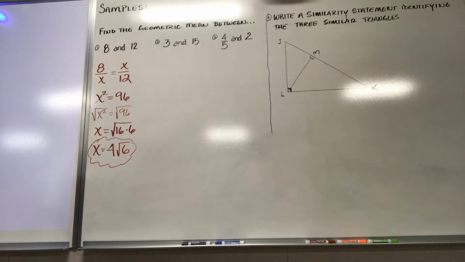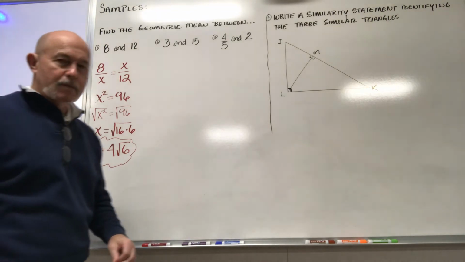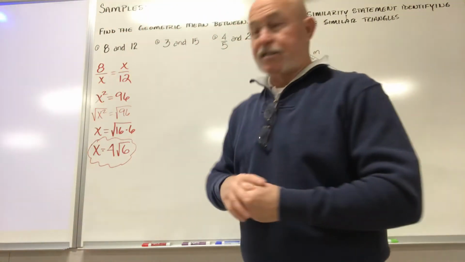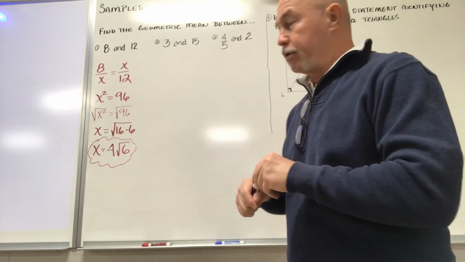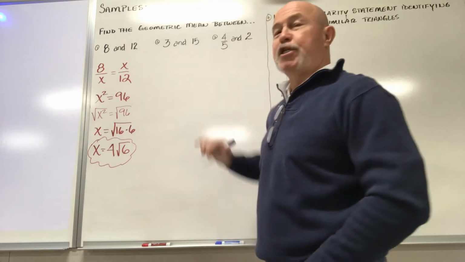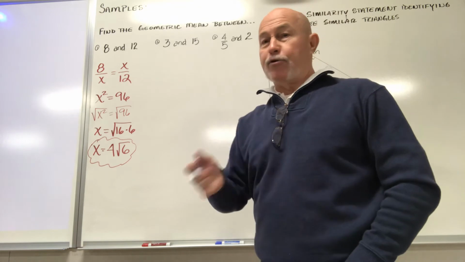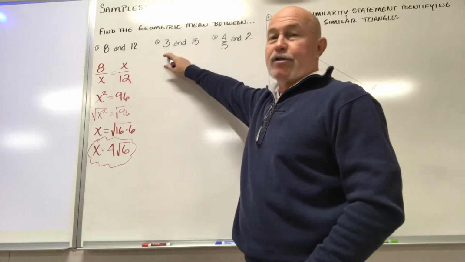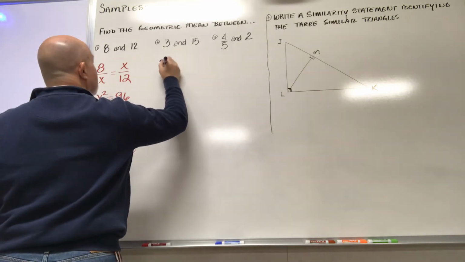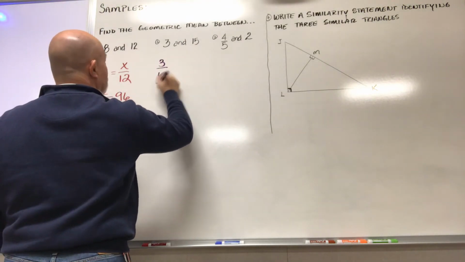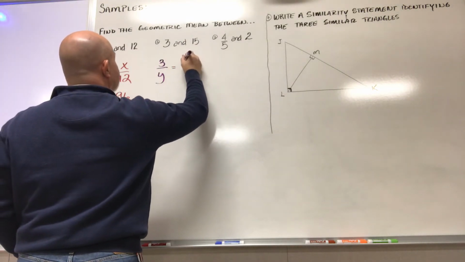Practice these, just like I asked you to practice the square roots. It's important. Find the geometric mean between 3 and 15. 3 is our first term, 15 is our last term. I use y on this one just because.